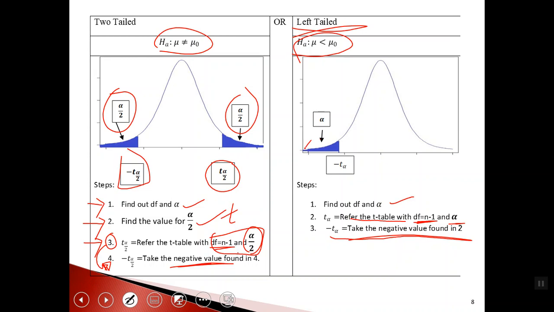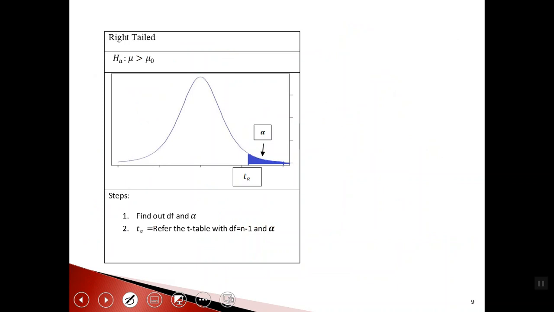So left tail, it is negative t alpha. Okay, so right tail test, when mu is greater than mu naught, you can find t alpha. First find the degree of freedom and alpha, then find t alpha using the t table. Just that value.